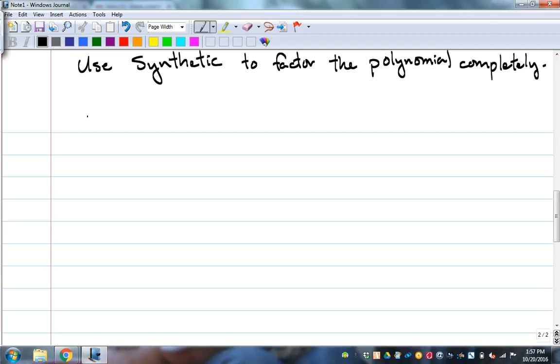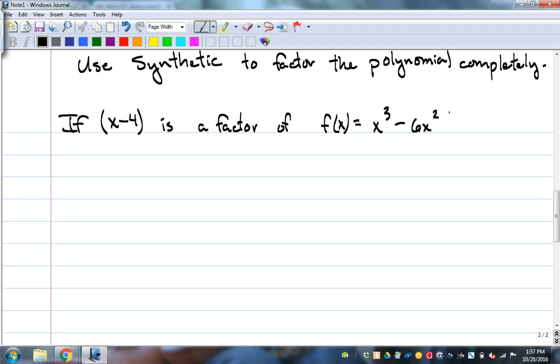So if x minus 4 is a factor of f of x equals x to the 3rd minus 6x squared plus 5x plus 12, find the other factors. Okay. Example D, I guess.